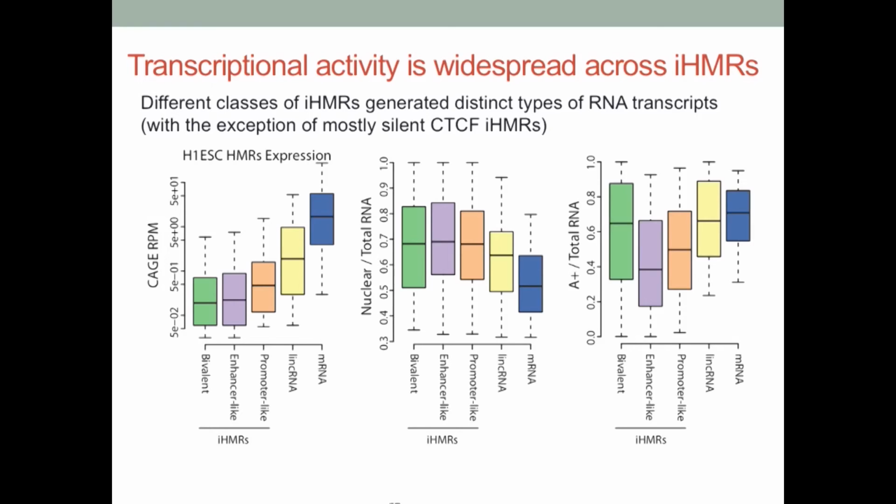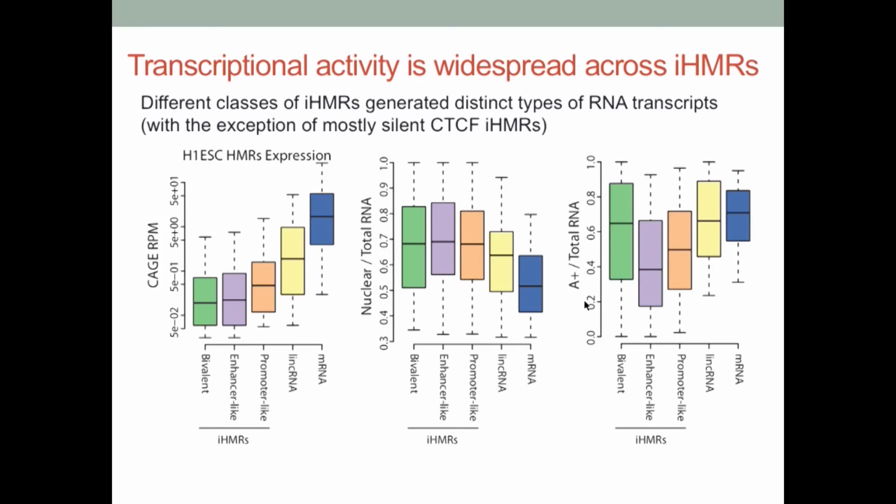But you can see that enhancer-like IHMRs and bivalent IHMRs are much more locally expressed. They're much more likely to be nuclear and less polyadenylated compared to mRNA transcripts. If you look at promoter prediction features of these transcripts, they're much less prominent in these categories than mRNAs and lncRNAs, for example. So they're very distinct from lncRNAs, which are also abundant in intergenic regions.